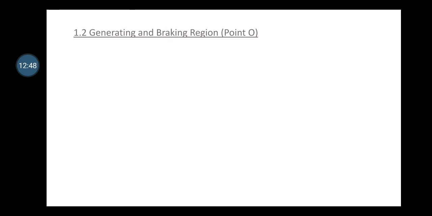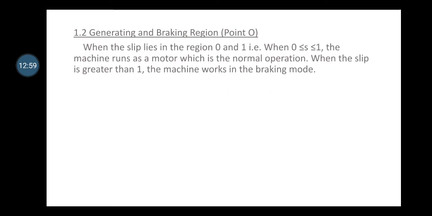Now here is the generating and braking region of the induction machine. That point is known as the point O. When slip lies in the region 0 to 1, that is, 0 is less than or equal to s is less than or equal to 1, the machine runs as a motor, which is the normal operation.